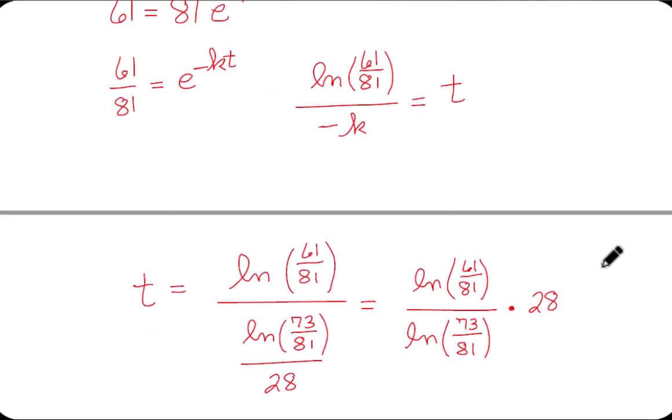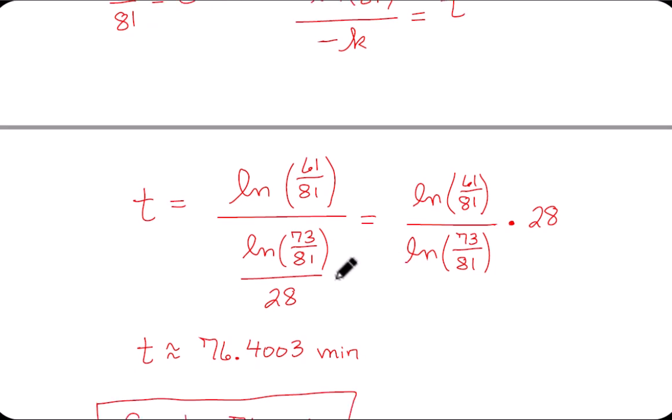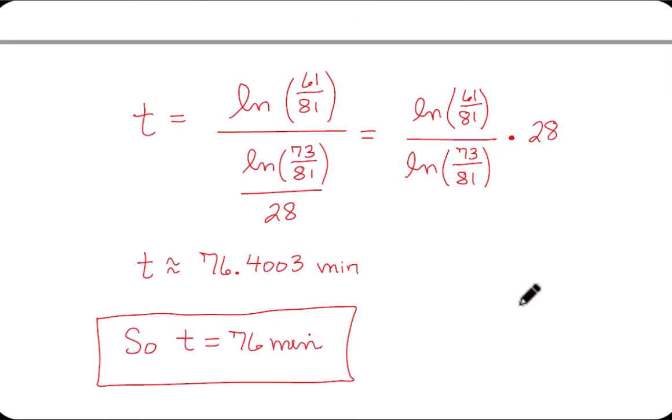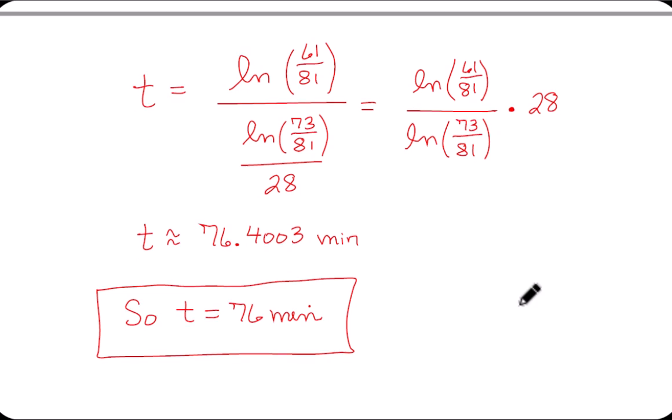Plugging all that in, and again trying to keep it as accurate as possible, flip this bottom. It's on the top. Now we can grind away and calculate this. And so t is about 76 minutes to go from 81 degrees down to 61 degrees.